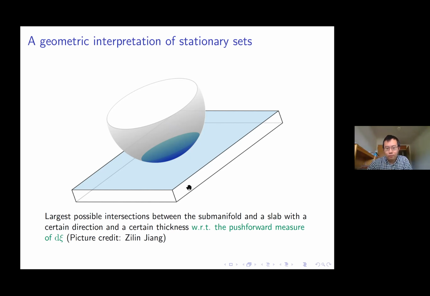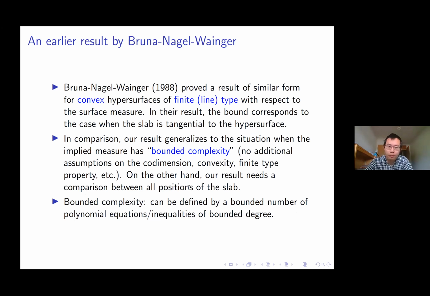And what is the stationary set? It's just the largest possible intersection between this surface and the slab. So for each x, you can find the stationary set in this geometric way. I mention this because it enables me to mention a related result that I haven't told you. There's an earlier result by Bruna, Nagel, and Wainger, which I very gladly have in the audience.